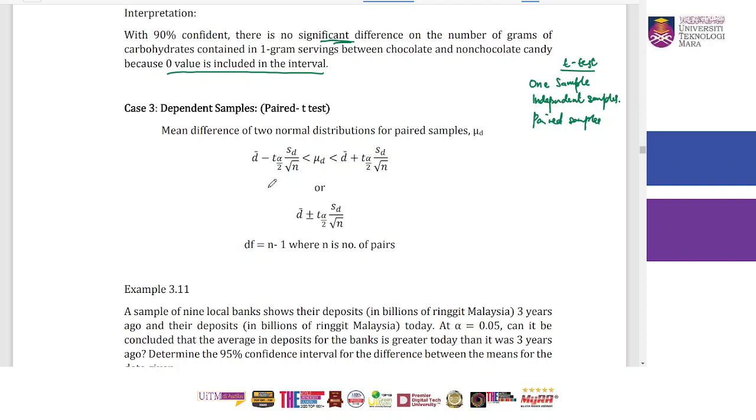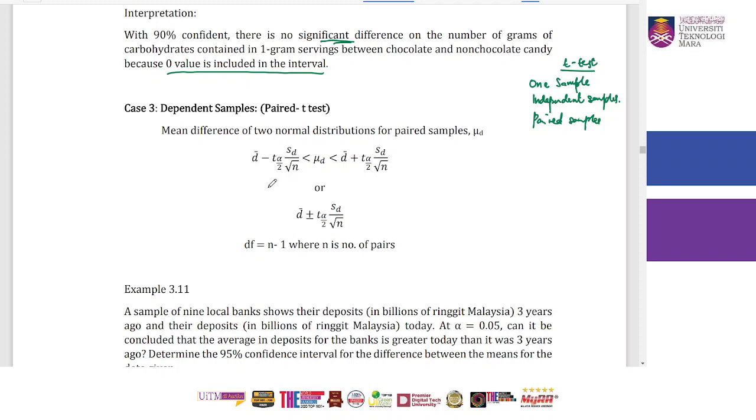Contohnya katakan saya ambil score before and after. Okay, ataupun kita ambil weight of a person before entering a gym and 1 month after entering a gym. Okay, sebulan sebelum dia masuk gym untuk exercise dengan weight dia sebulan selepas dia masuk gym untuk exercise. So kita nak tengok sama ada perbezaan ataupun tidak, ada improvement ataupun tidak.